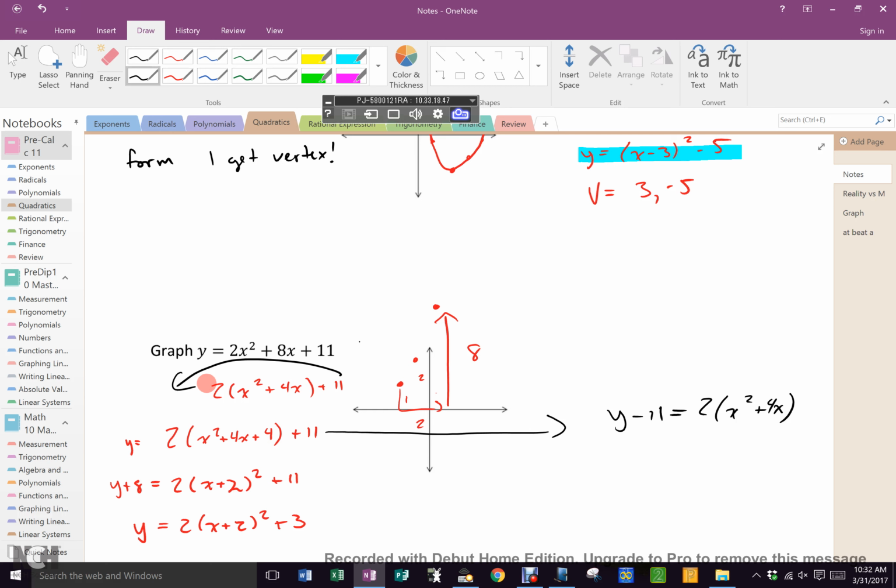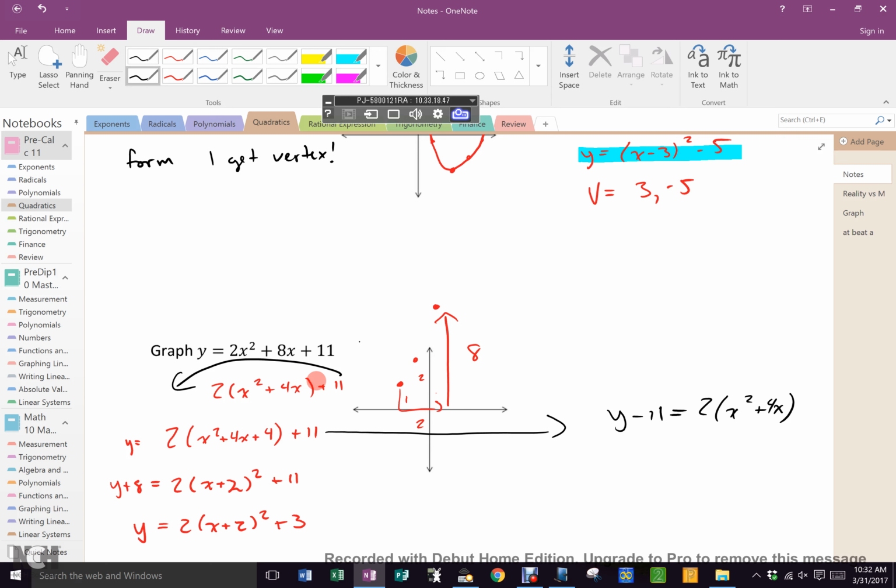That's why I double checked that everyone was okay with this step. Because when I factored out that 2, if I distribute this, I still get 2x squared, 8x, and 11, right? Cool? Okay. Everybody good?